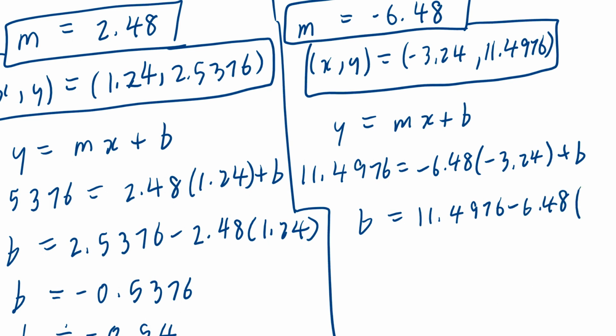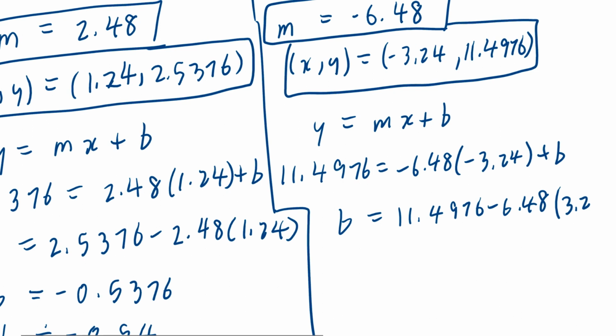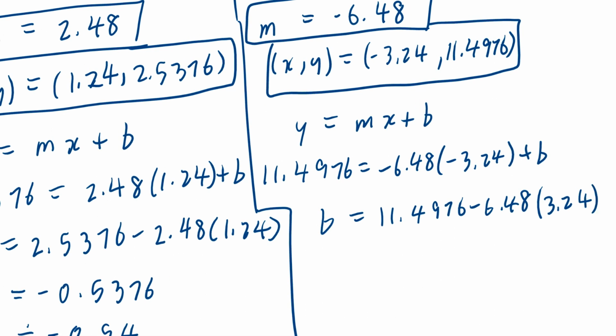So I'm going to take this, multiply by 3.24. Again, take your calculator. I'm taking mine. Here we go. 11.4976 minus 6.48 times 3.24.